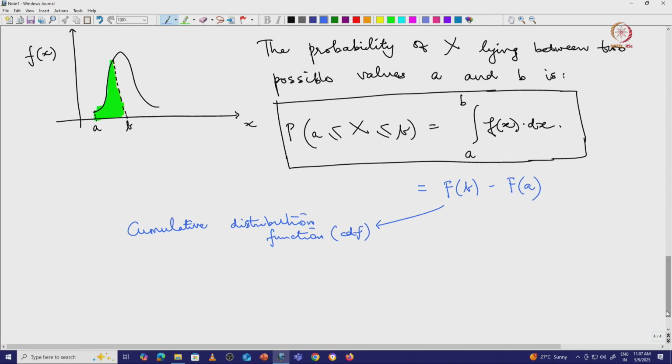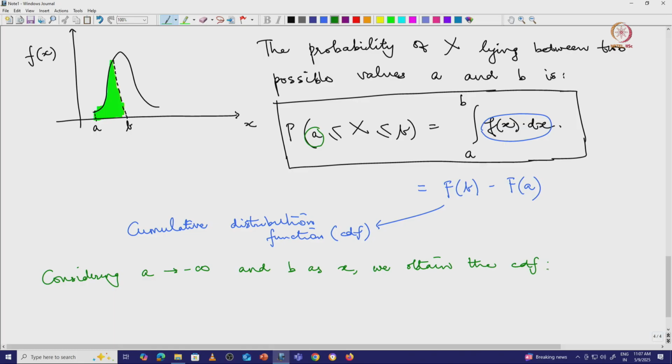We have defined the cumulative distribution function as the integral of the function f of x times dx. So let us look at formally how it is defined. If you consider a as minus infinity, looking at all the values of x that are lower than small x, that leads you to the cumulative distribution function. So, considering a as minus infinity and b as small x, we obtain the CDF.